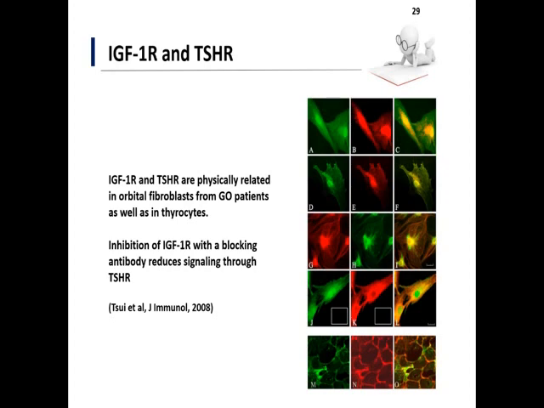The most important drug whose use has been introduced in the clinical practice, at least in the US, is certainly teprotumumab. Teprotumumab is a monoclonal antibody against the IGF-1 receptor, which is physically related in orbital fibroblasts from GO patients with the TSH receptor, and the inhibition of the IGF receptor with a blocking antibody, which is, by the way, teprotumumab, reduces signaling through the TSH receptor.